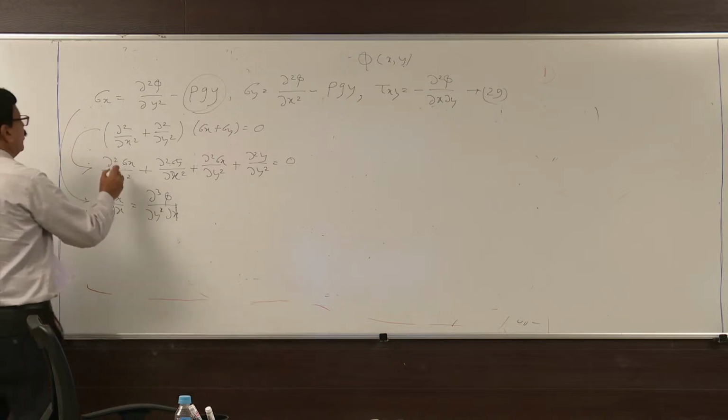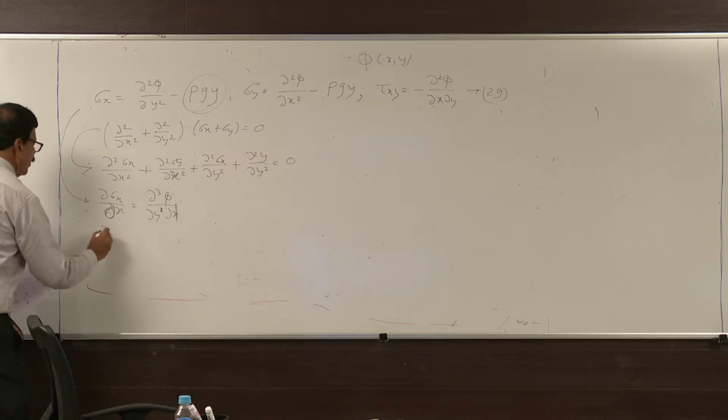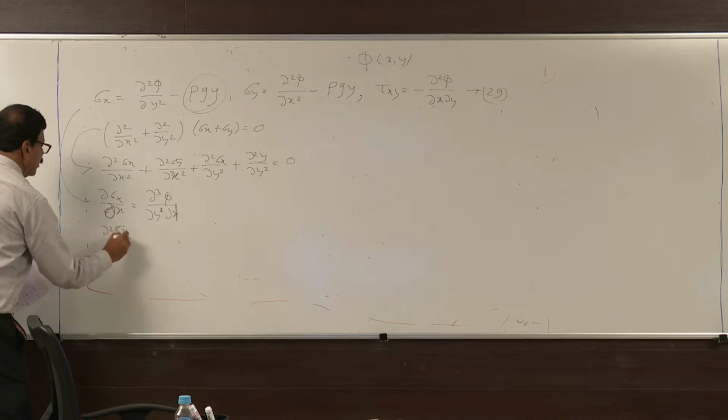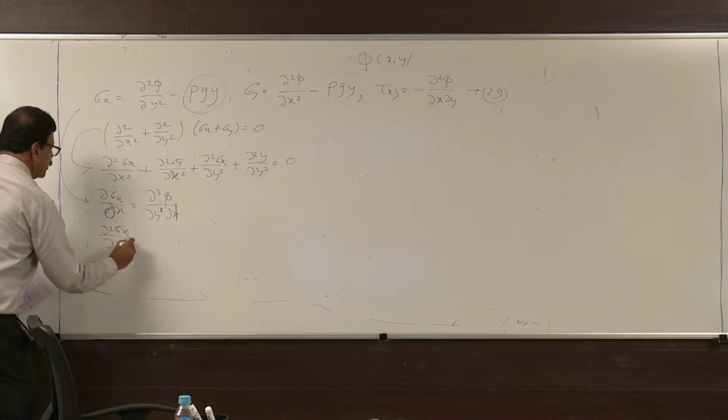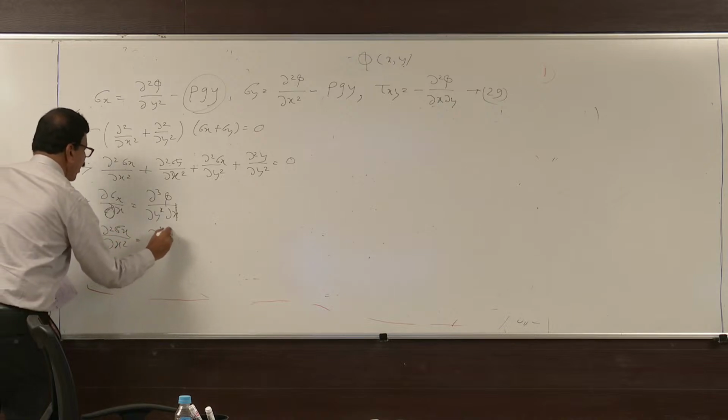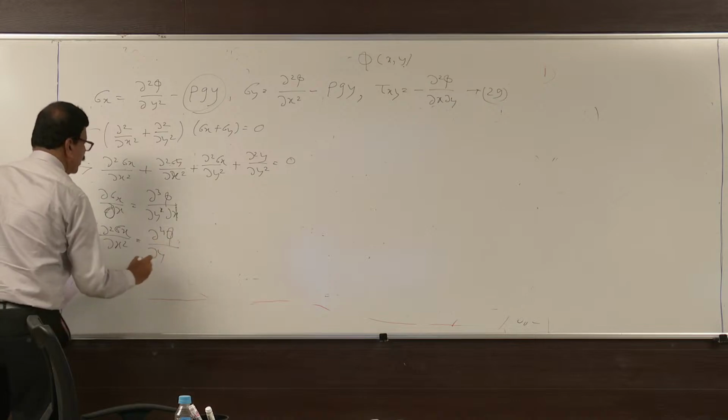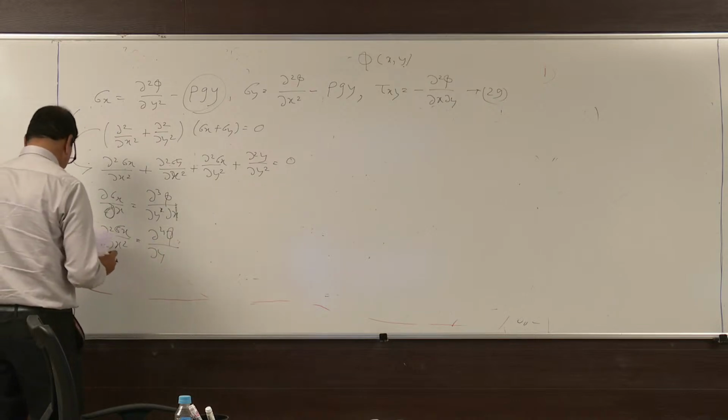Again we want the square, so we differentiate once more. Del square sigma x upon del x square is equal to del 4 phi upon del y square del y cube.